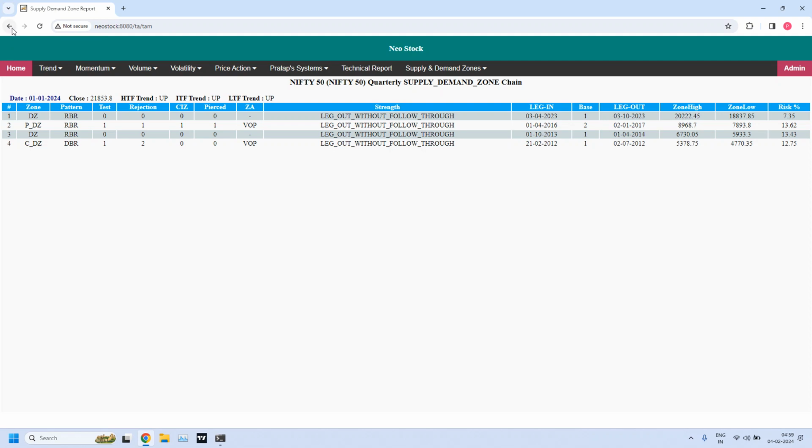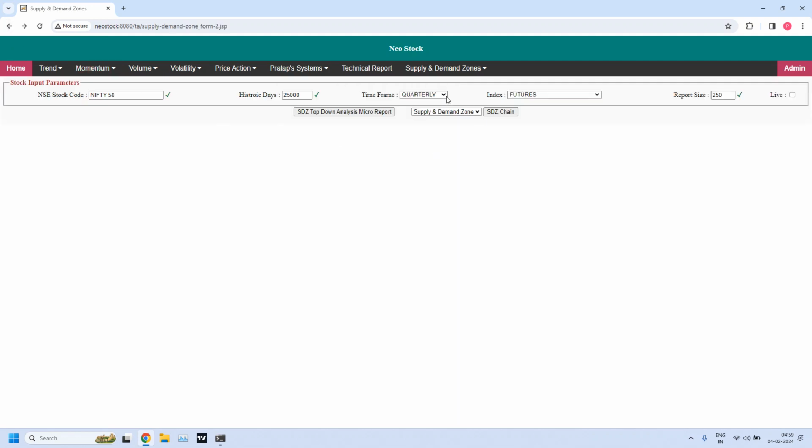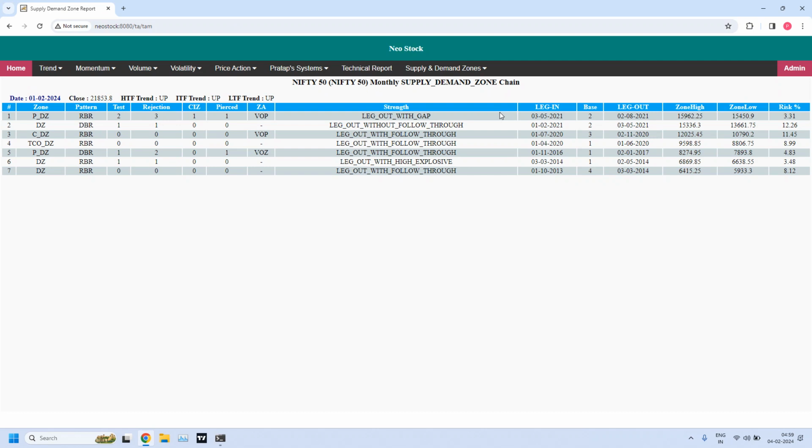So now let me change the time frame from quarterly to monthly. Let me generate. The most recently available is a pierced monthly demand zone. This zone was pierced.